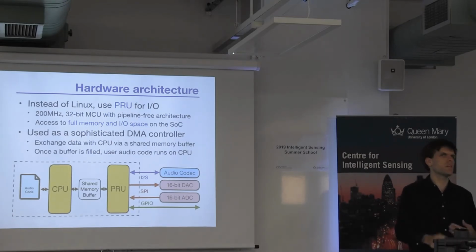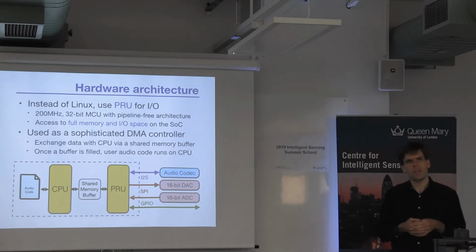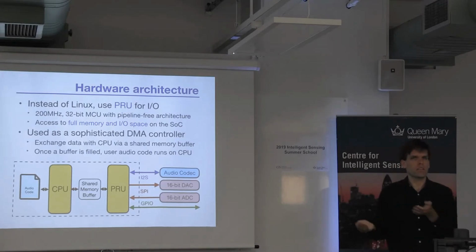Instead of using a typical Linux driver for this hardware, we're going to use this PRU, which stands for Programmable Real-Time Unit. The chip that's used in the BeagleBone is a system-on-chip that has, on the same die, this ARM Cortex-A8 CPU. And also, on the same silicon, it has 2 of these PRUs.